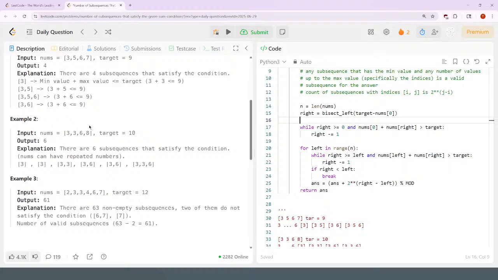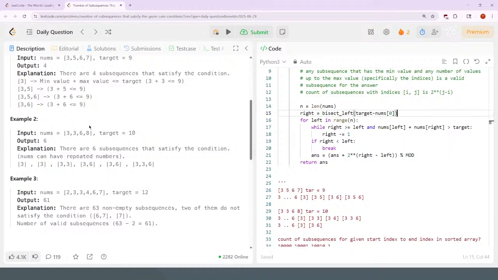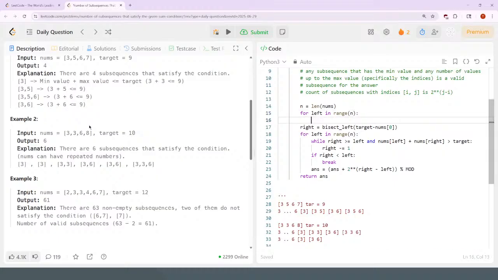So I find it using search for the right index, and then for every, actually I could probably do that for the main loop. I don't need to do that outside the main loop. So the value is equal to nums at left.